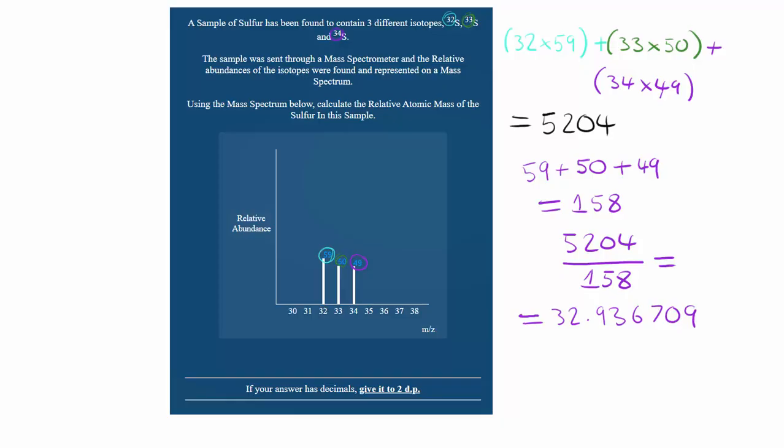Now, the question gives us a very specific requirement. It says we need to give our answer to 2 decimal places. It's always important to pay attention to this. This is obviously not to 2 decimal places yet, so at this stage we're going to round it. It's 32.9, and then based on the 6, we're going to round up the 3 to a 4, so 32.94.